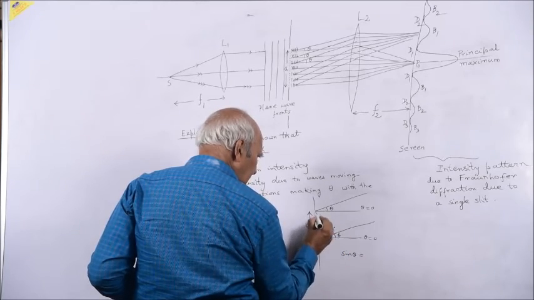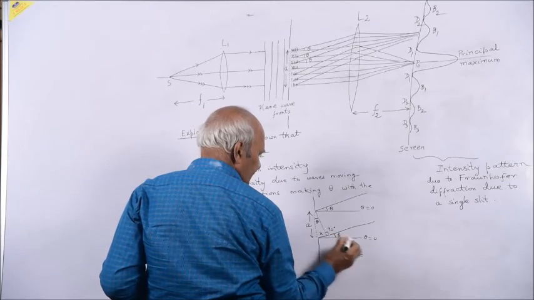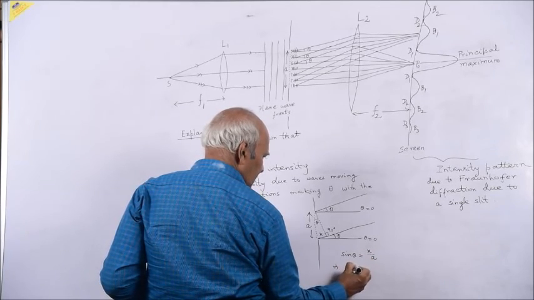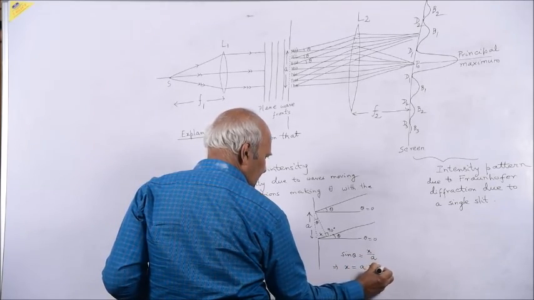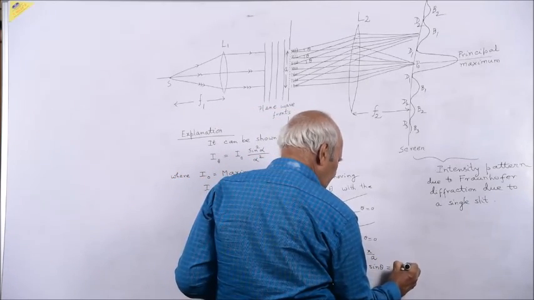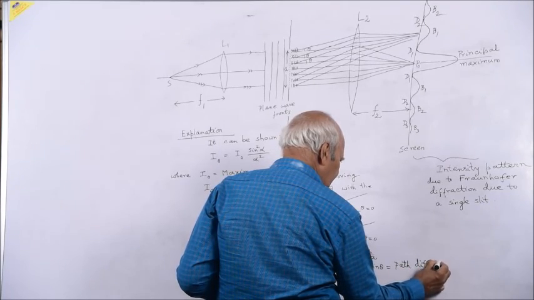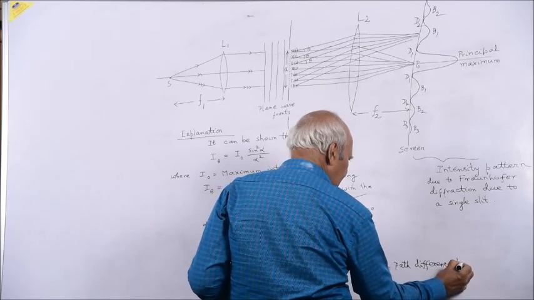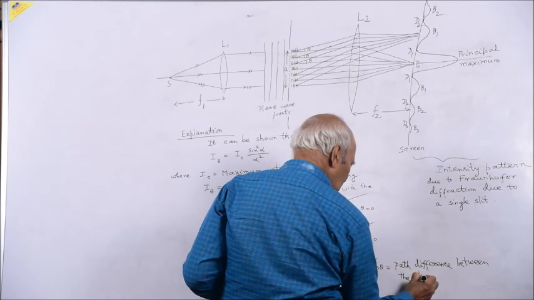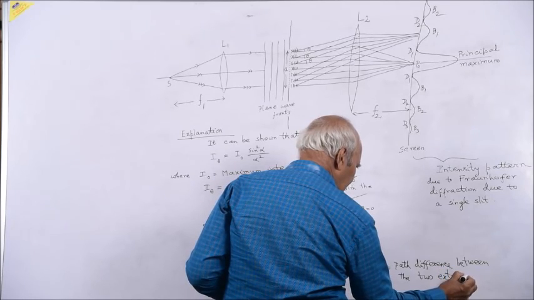In this right angle triangle, sin theta is equal to x by a. So, x is equal to a sin theta, and x is the path difference between the two extreme rays.